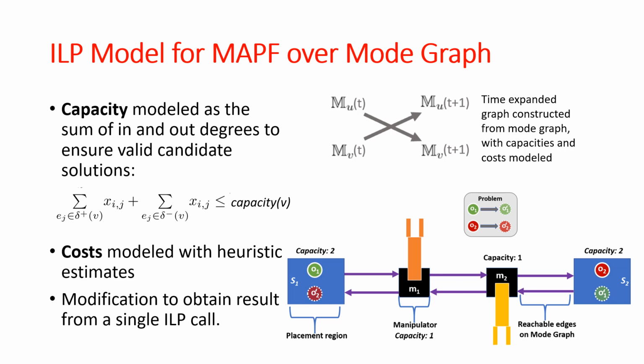Now, we also added a modification on top of previous work, which guarantees that we will find a solution using a single call to the linear programming model. So previous work had the loop of calling it incrementally with changing horizons or number of steps that were allowed to admit the solution.